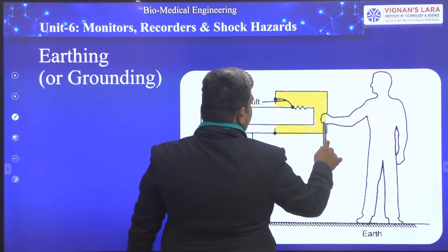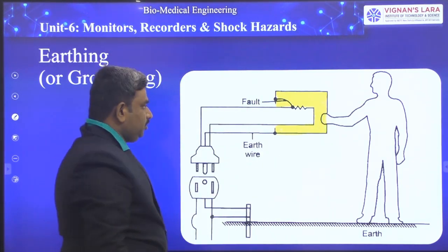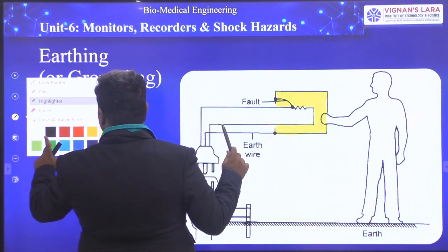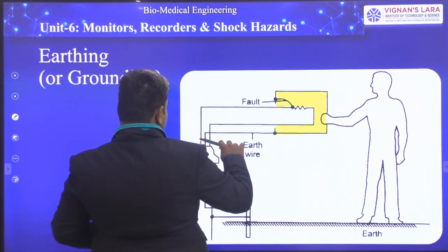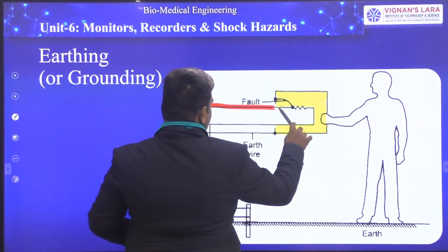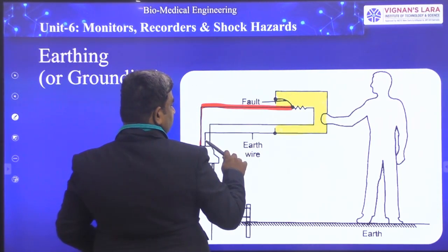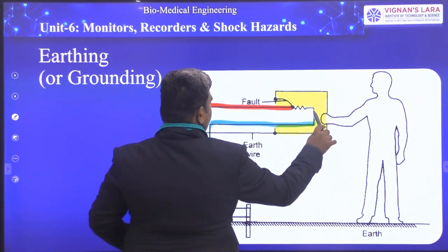In this box we have different types of electronic circuitry and operating circuits. On one side we are using a phase wire, which we represent with red color. This is the phase wire, and this is the neutral wire.